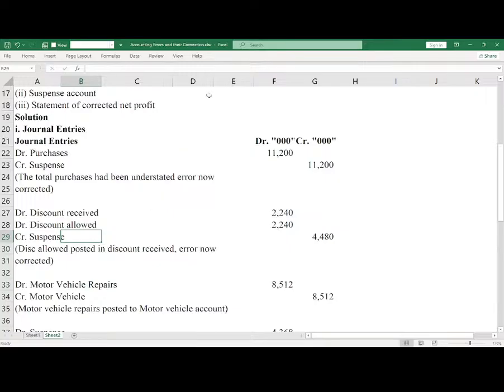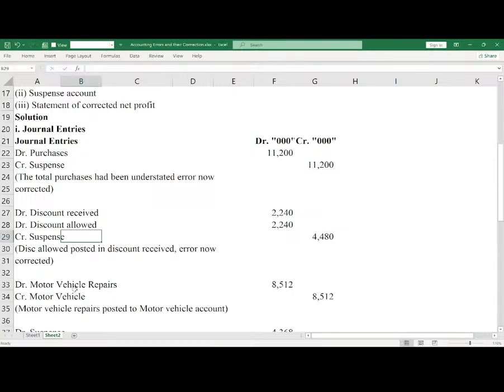Okay, we can continue. So we have number 3. We are told motor vehicle repairs amounting to 8,512 had been posted on the motor vehicle account. So here, the motor vehicle repairs were posted on the motor vehicle account.